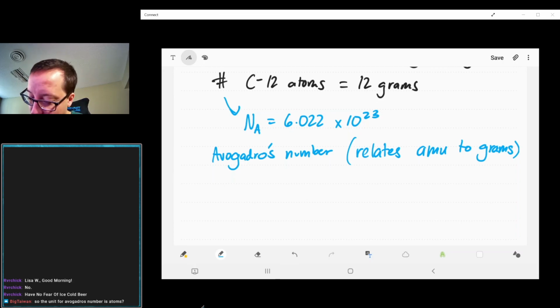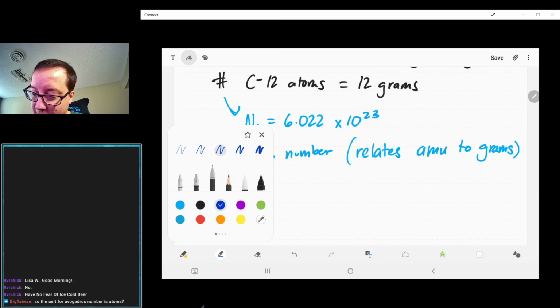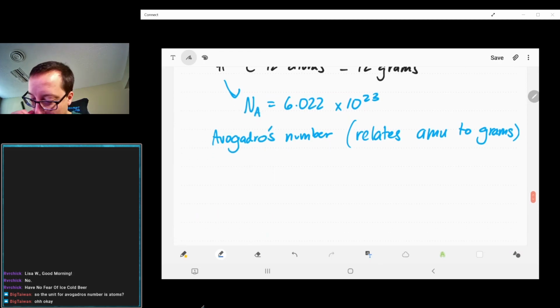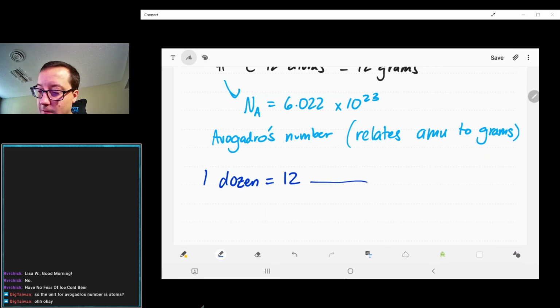So let's take a moment and look at a few other numbers that we know. 1 dozen is 12. Notice a dozen doesn't have units either. It would be whatever unit you're putting it with. A dozen eggs, a dozen books, a dozen angry barking dogs, whatever. 12 unit.